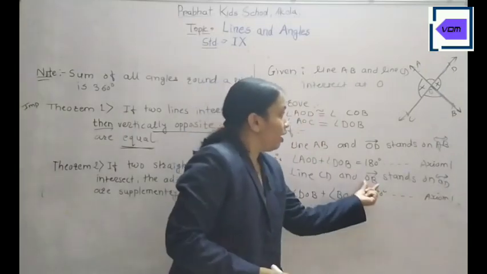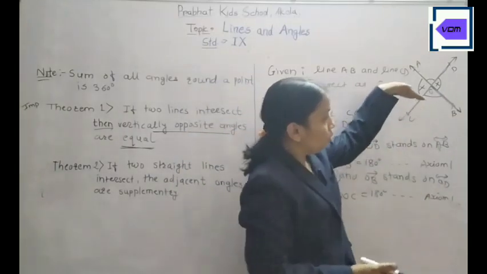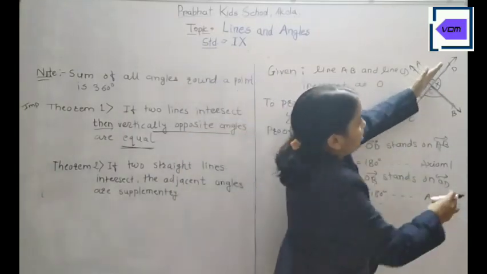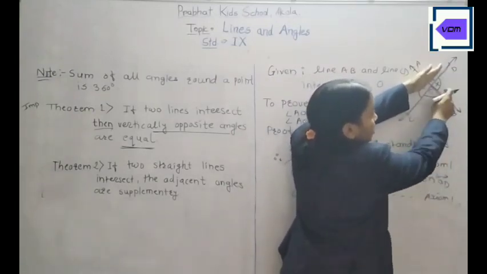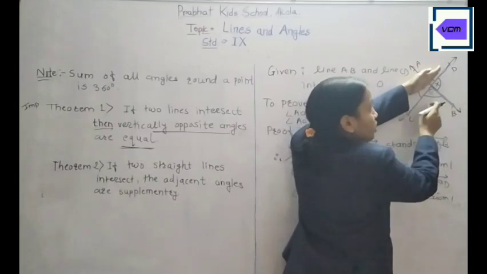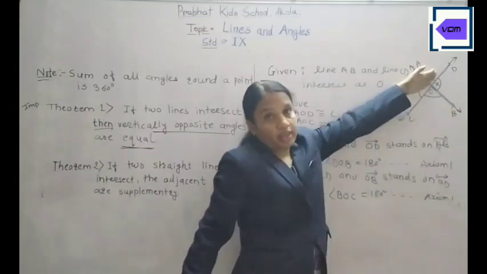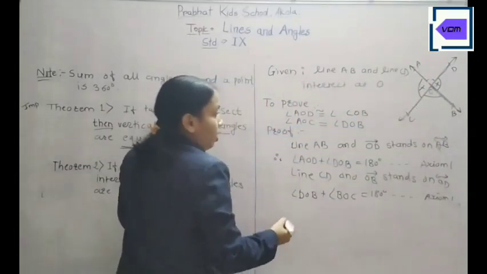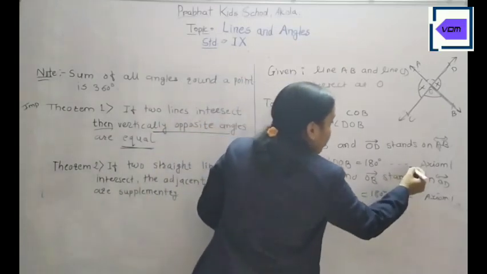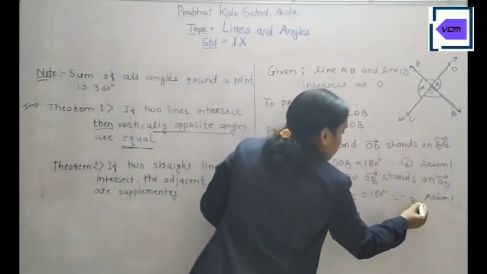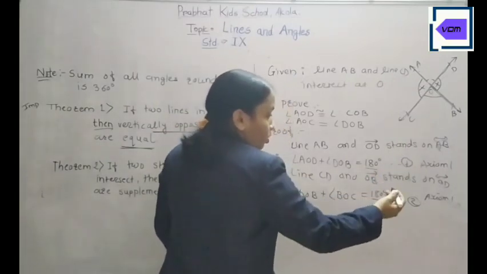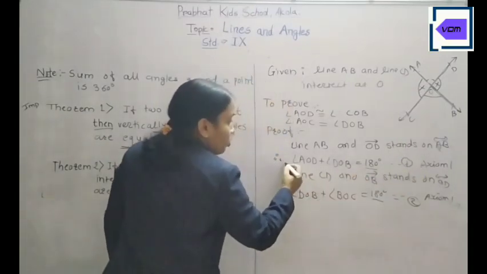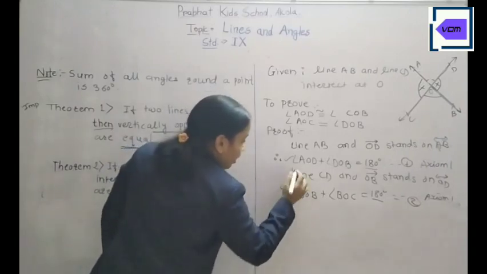Though ray OB looks like it goes downward, it stands on CD. Therefore, these two adjacent angles are formed and their sum is 180 by axiom 1. Now, this is equation 1 and this is equation 2. As the 180 on the RHS is the same, you can equate the LHS.